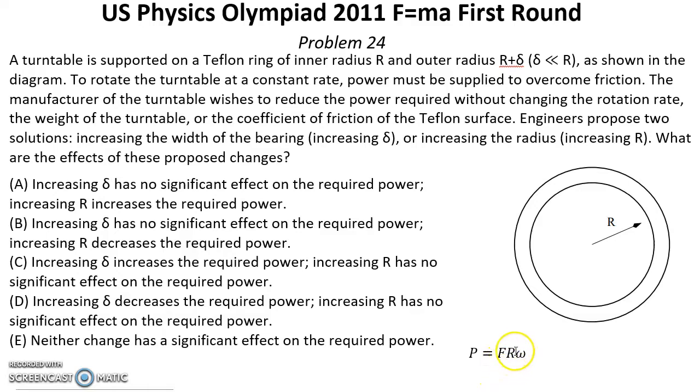So it means that only a change of radius r can affect this power. And if we investigate all 5 cases, only in case A we have the correct answer. So that's the solution A.